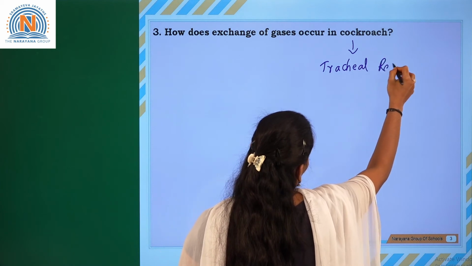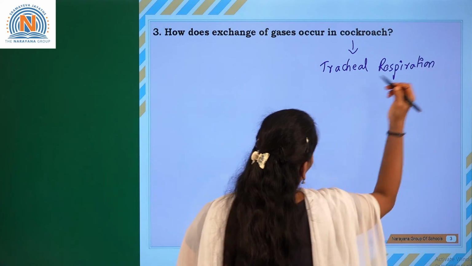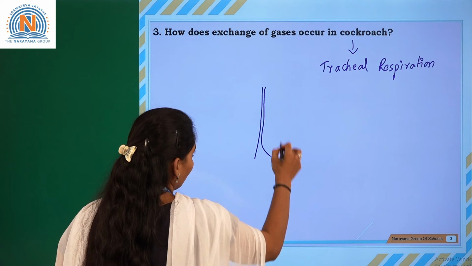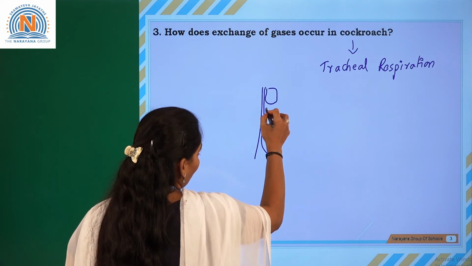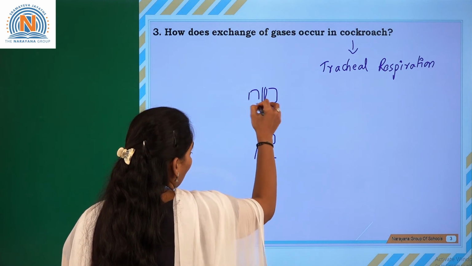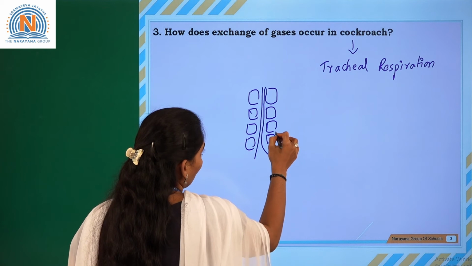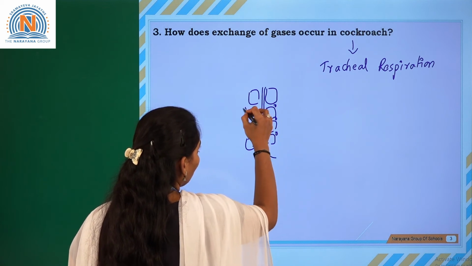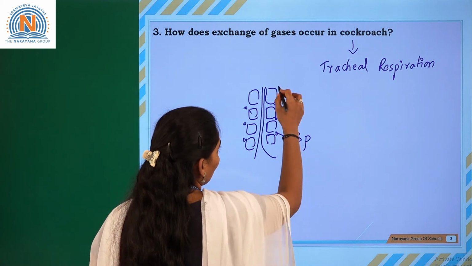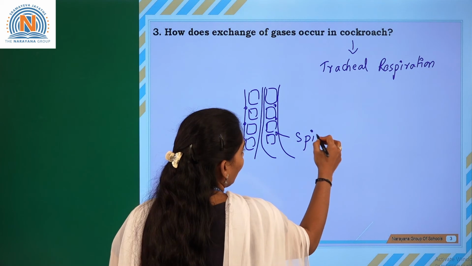The trachea does not have blood vessels and so on. The trachea has small external pores, and these pores are spiracles.